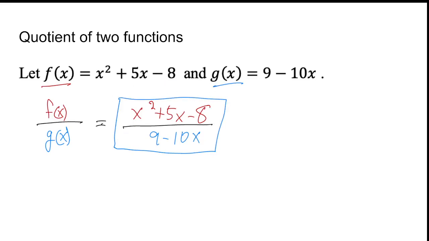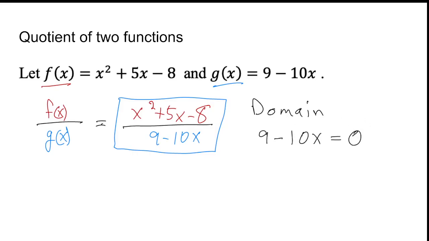But one thing we do have to do here, I guess it's not completely easy, is we have to state its domain. In most questions, they will ask us, here's a quotient, what is the domain? So the domain is going to be any number for x, but the one thing we can't have happen is we cannot let 9 minus 10x be equal to 0.